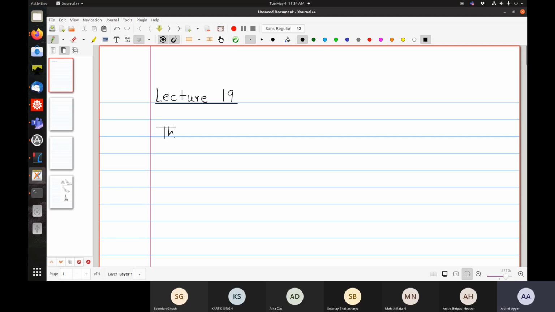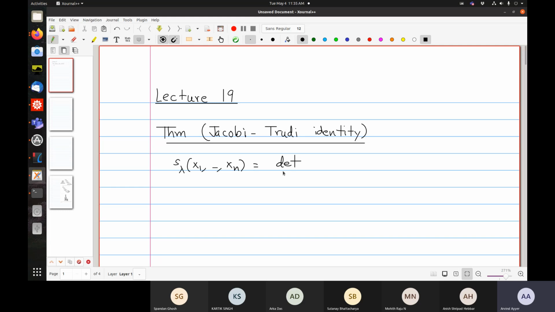This is called the Jacobi-Trudi identity. It says that s_lambda of x_1 up to x_n can be written as a determinant of h_{lambda_i plus j minus i} of x_1 up to x_n.